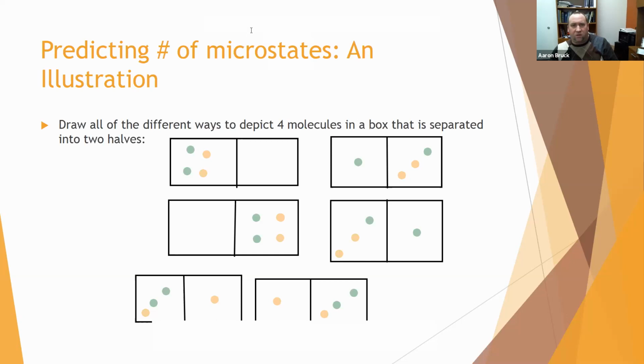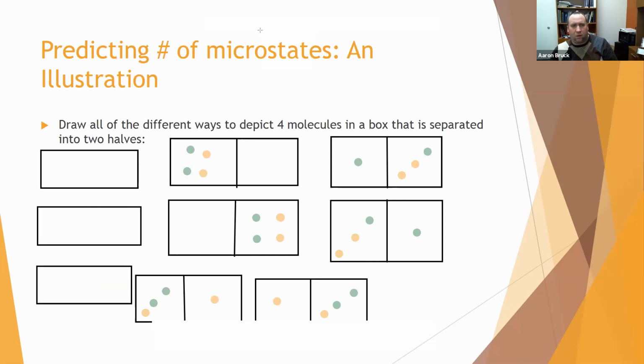So I could do two green dots on the left, two green dots on the right, and two orange dots to match.